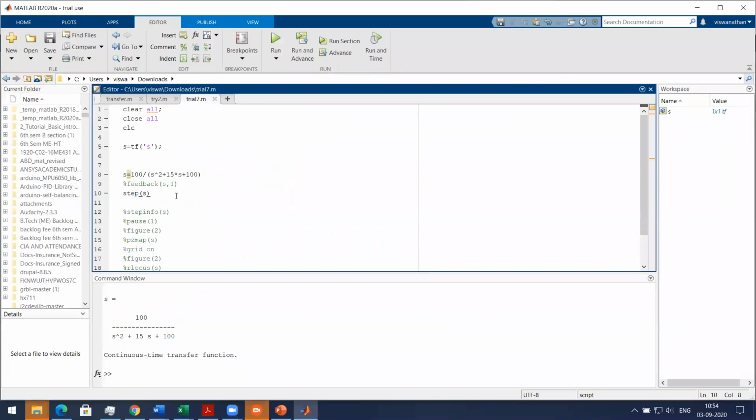But I don't want it in this format. I want the values. You use the command stepinfo. Previously, to get the plot, you used the command step. Step in the bracket. What is the transfer function you are referring to? S. Here it is stepinfo and then in the bracket S. So now you run this.